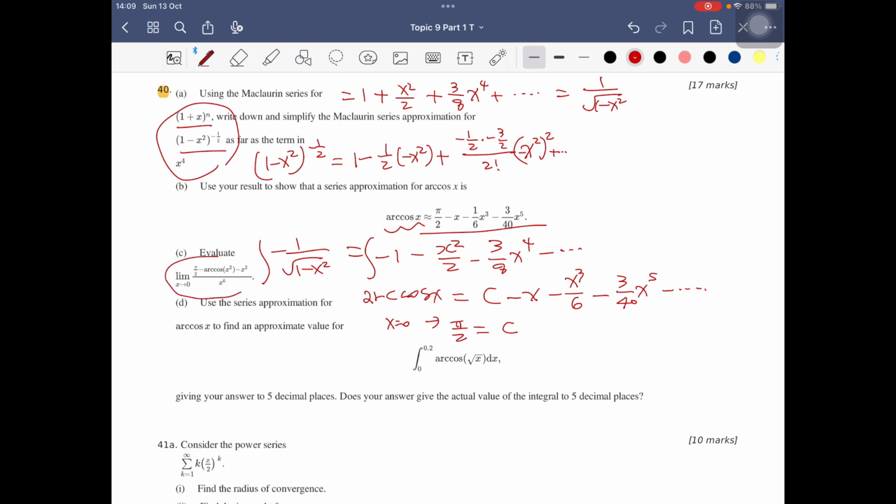So evaluate this one. Because now we have this one, we can put it in and find it. If you want to find this one, we substitute x into square root of x, and we can sort them out.